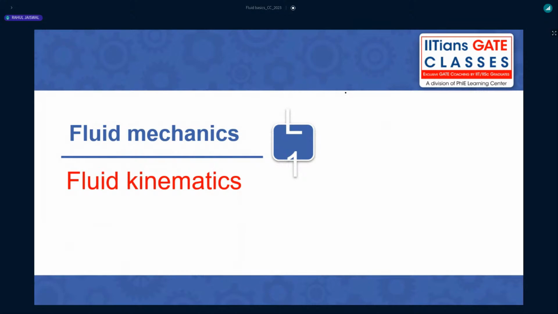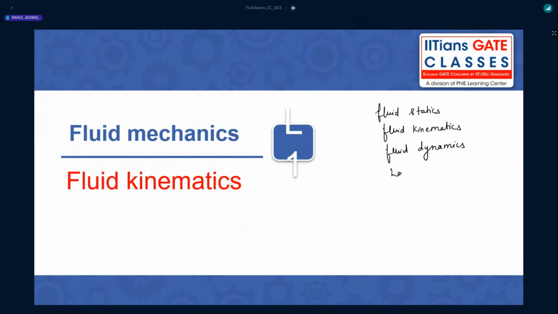In fluid mechanics, we will be having fluid statics, and then fluid kinematics, and then fluid dynamics. So these are the basic categories in fluid mechanics: fluid statics, fluid kinematics, fluid dynamics.